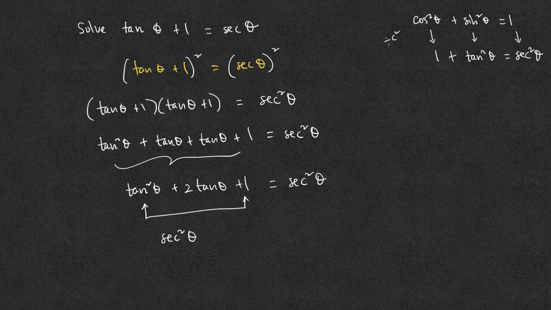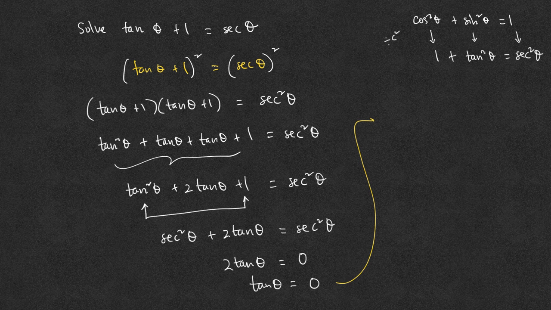The left hand side is now secant squared theta plus 2 tangent theta, and the right hand side is secant squared theta. We then zero this out by subtracting secant squared theta from both sides of the equation to get 2 tangent of theta equals 0. So tangent of theta equals 0.